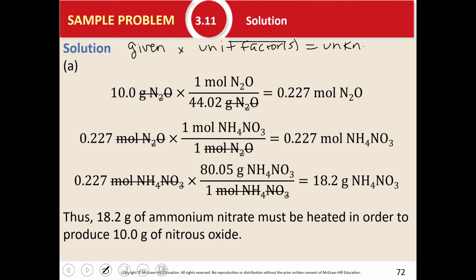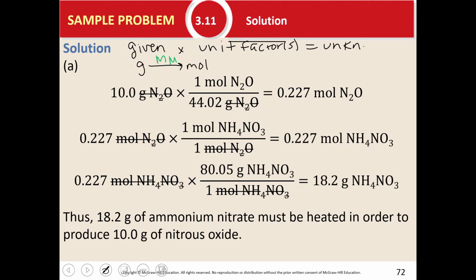Okay, now the only relationship we have between the dinitrogen monoxide and the ammonium nitrate is moles. How do I get to moles? I get to moles, my grams to moles, using what?